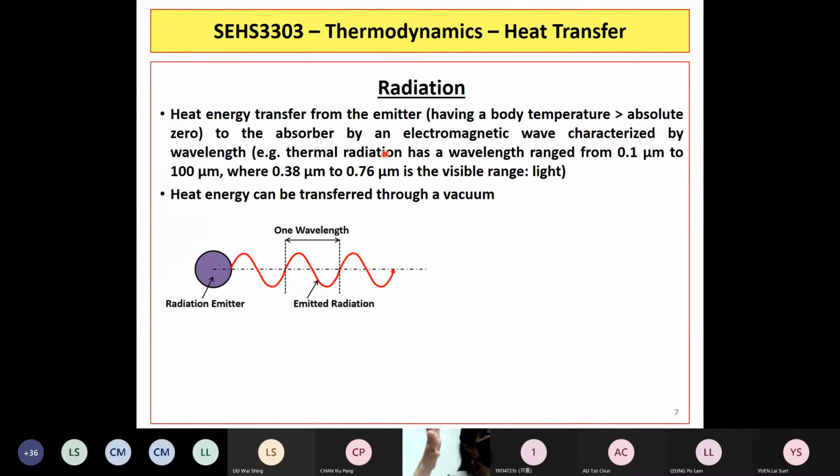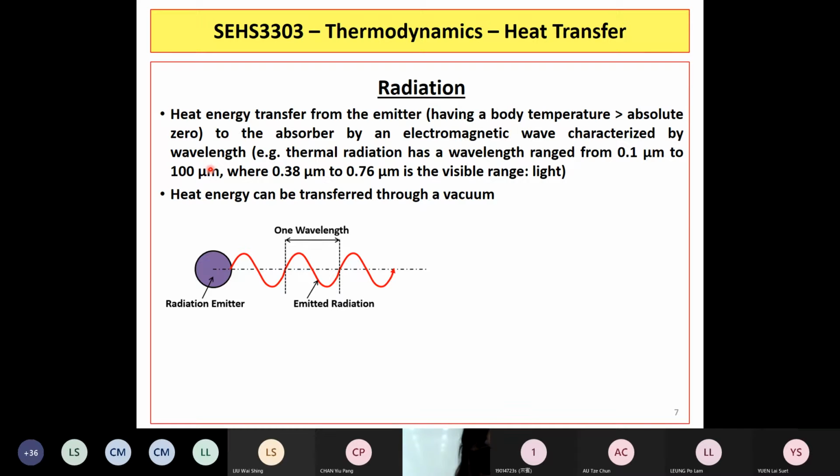Only in this range, it can have the thermal effect, the heating effect. The range is from 0.1 micron to 100 micron. Actually, it covers the infrared, visible, and a part of the ultraviolet.